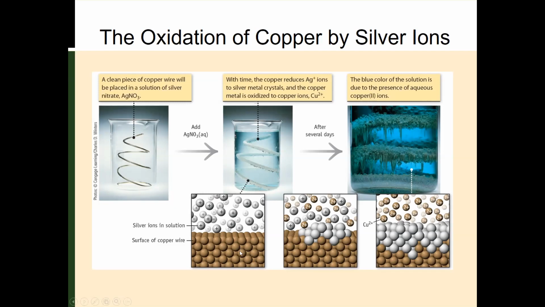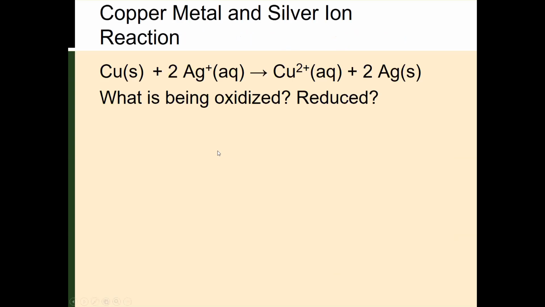So the copper has gone from its solid state into the copper 2+ state, meaning it had to have lost electrons. The silver goes from its state in solution to a solid state, so it has gained an electron, now becoming solid silver. And we can write that overall reaction there.